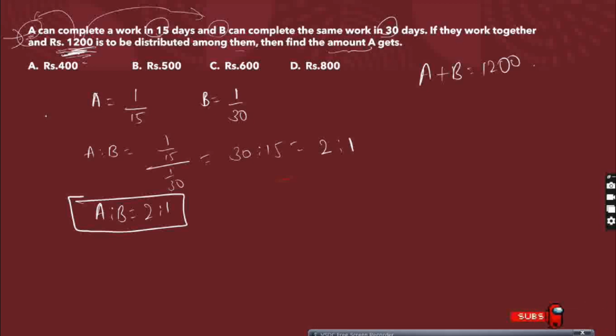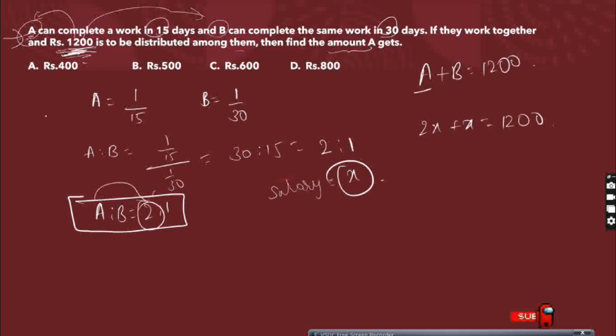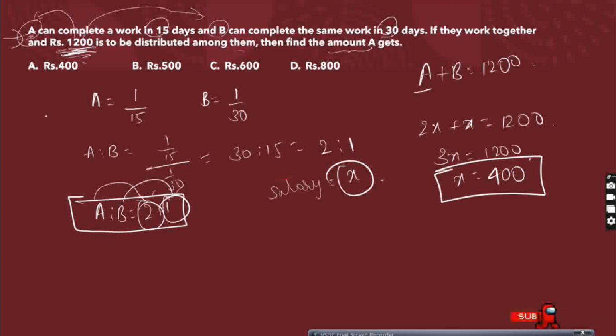Now let the salary be X. Then A is getting 2X and B is getting X. Now this is equal to 1200. See, A's ratio is 2 and B's ratio is 1, right? From this, we get 3X equal to 1200, and we can get the value of X, that is 400. That means X value is 400.